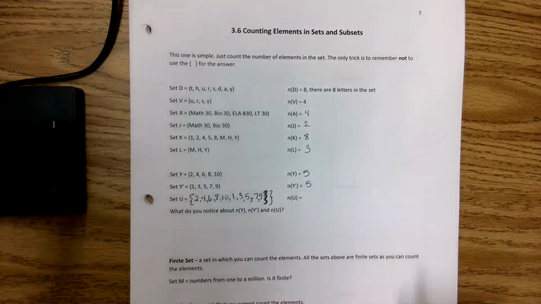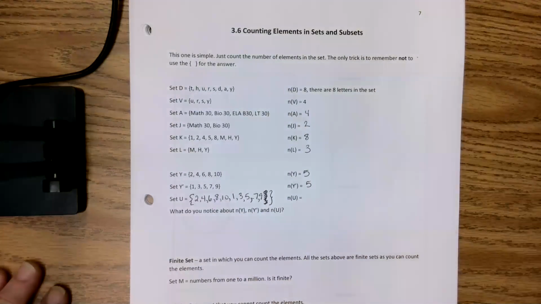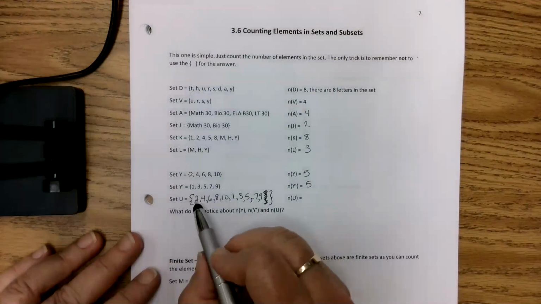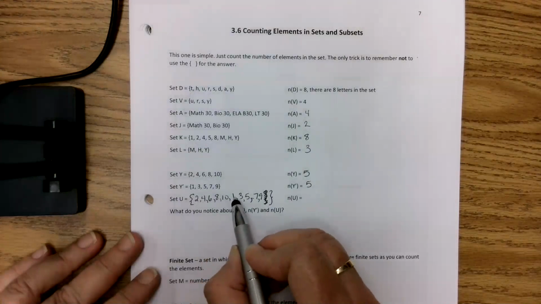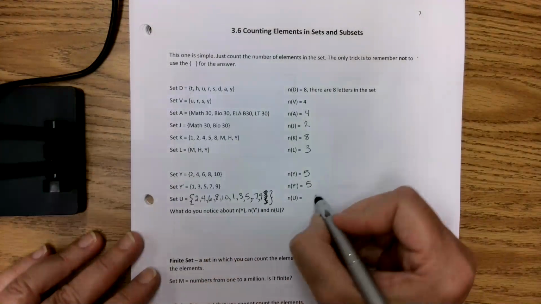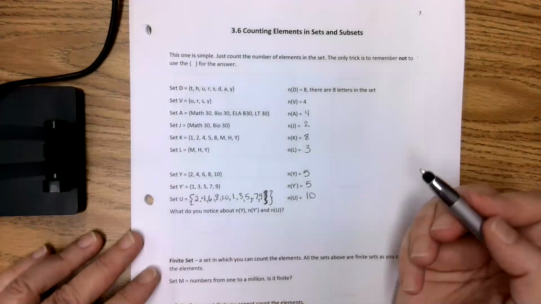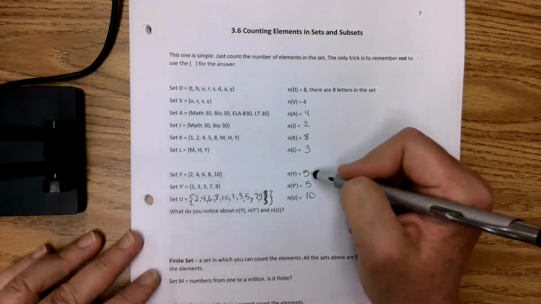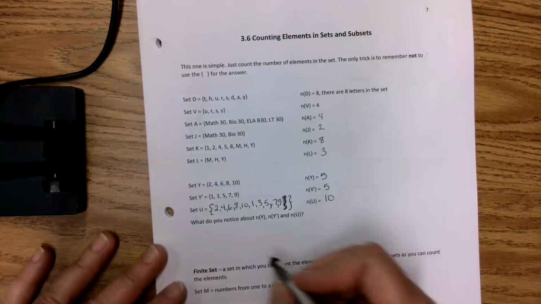Do take your time, try and make your brackets look pretty good. And my universal set, there are 1, 2, 3, 4, 5, 6, 7, 8, 9, 10. And that makes sense because y and not y, or y and y prime, give you that.